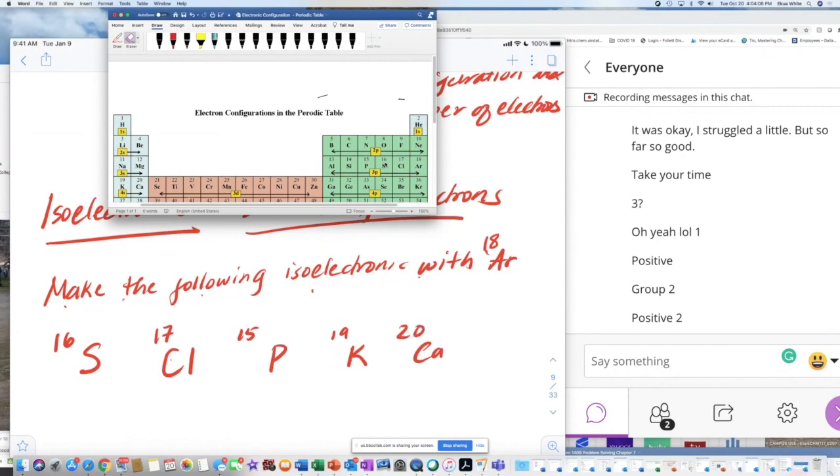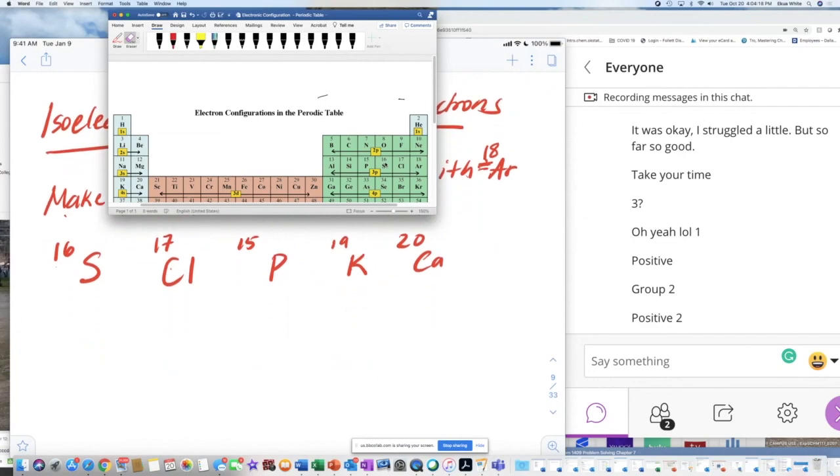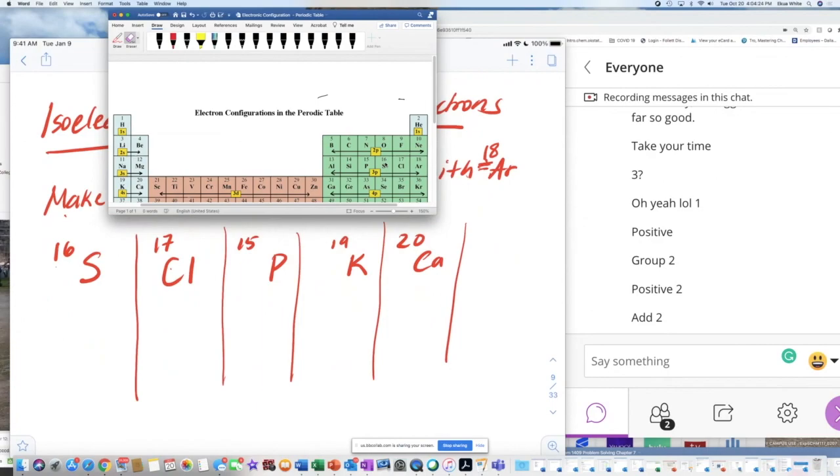But we have to make all of these end up with 18. I'll start with my first one. Since sulfur only has 16, do we need to remove 2 electrons or add 2 electrons? I'm going to add 2 electrons.